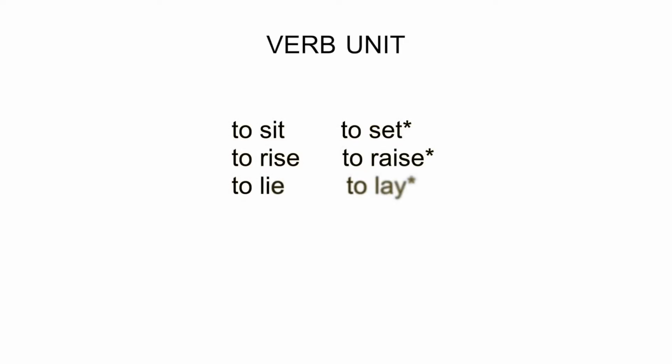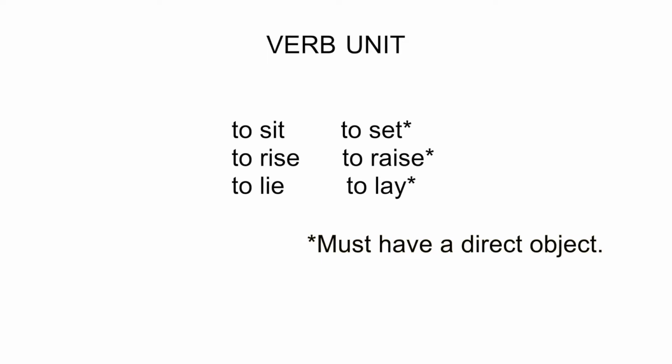We now enter the verb unit, where we will reintroduce and apply direct objects about 2 weeks later. This is cyclical learning. Remember those difficult verbs sit, set, rise, raise, and that awful lie, lay? Students learn that to set, to raise, and to lay must have a direct object.